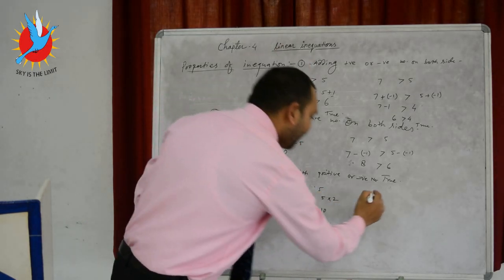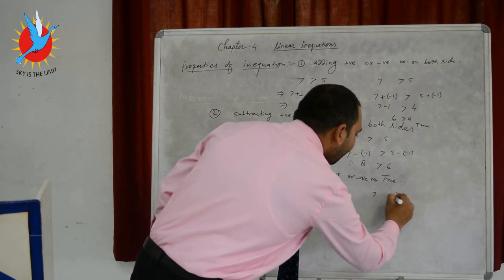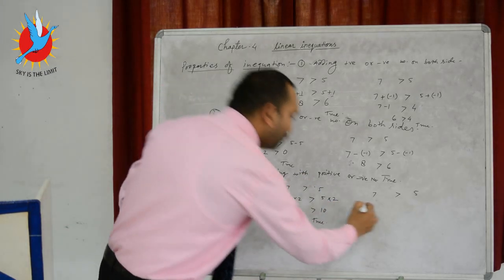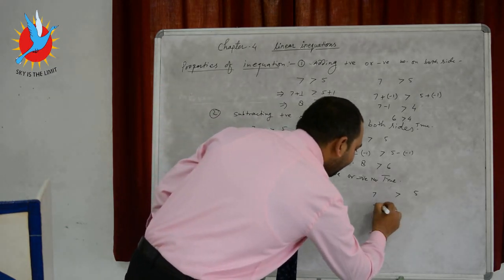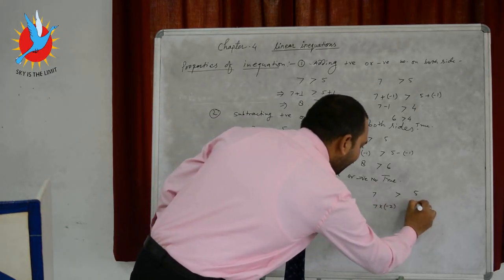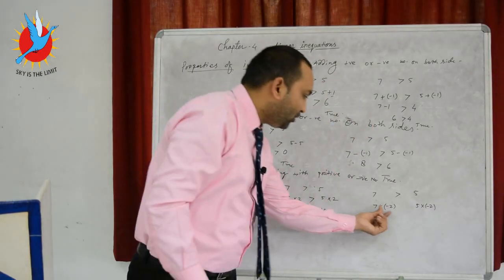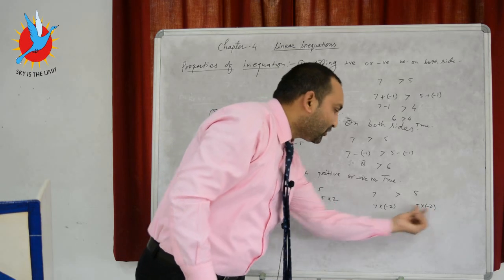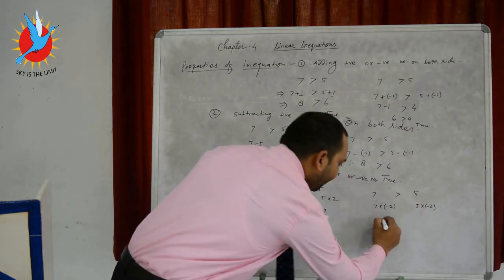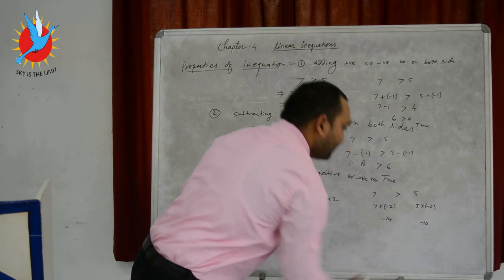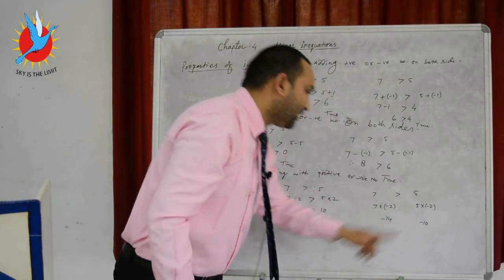But when we multiply 7 and 5 by minus 2, we check whether the inequality changes or not. 7 into minus 2 is minus 14, and 5 into minus 2 is minus 10.